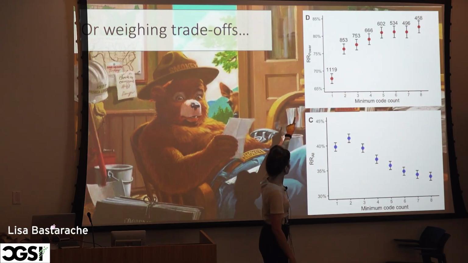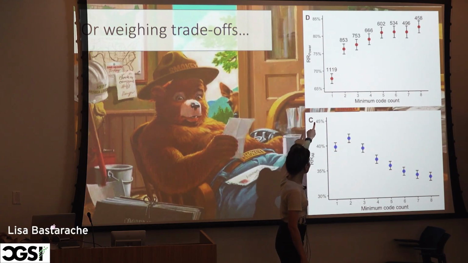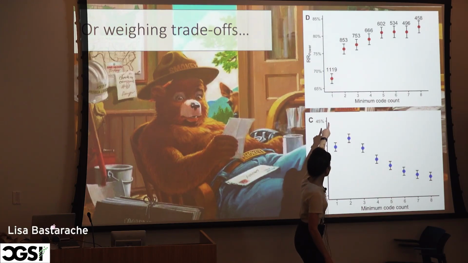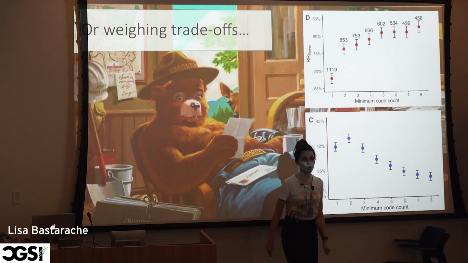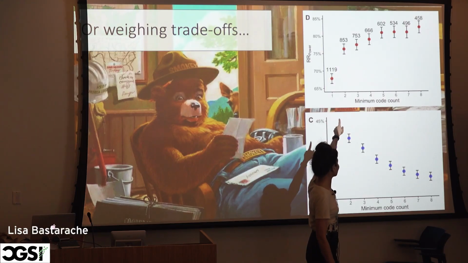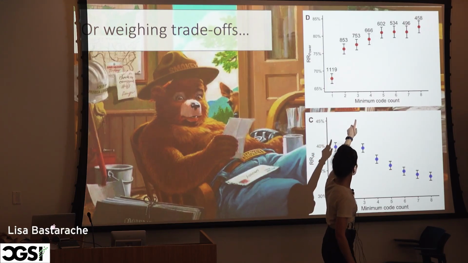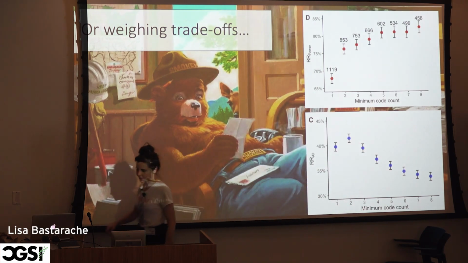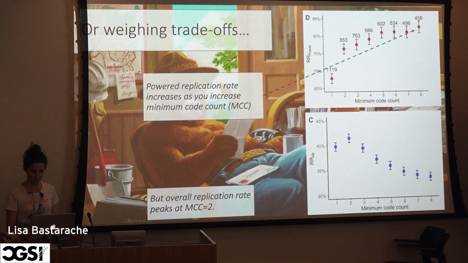And you can see on this slide here that the percent of associations that we replicate, you look at that big jump from 1 to 2. It increases vastly when we require 2 or more phecodes. And you can see actually that the replication rate increases until about 5 and it kind of stabilizes. The bottom one shows kind of loss in terms of negative predictive value.